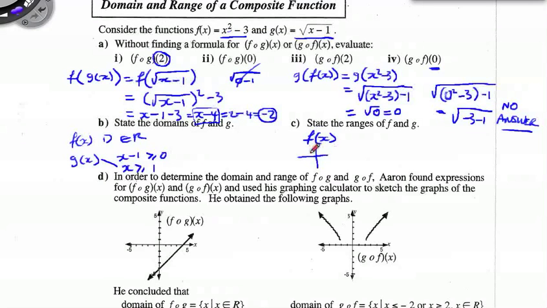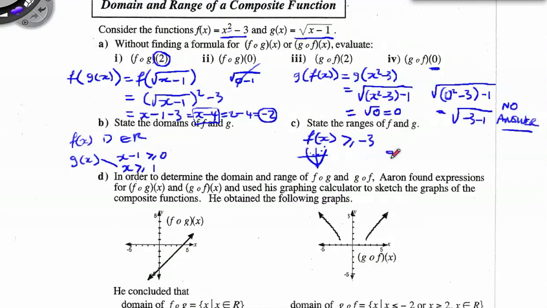Normally you would have it here coming down and going round like this, but because it's minus 3, all the y values are shifted down by 3. So it actually comes down as low as negative 3 and back up. So this is negative 3. So for the range of this, f of x has to be greater or equal to negative 3.